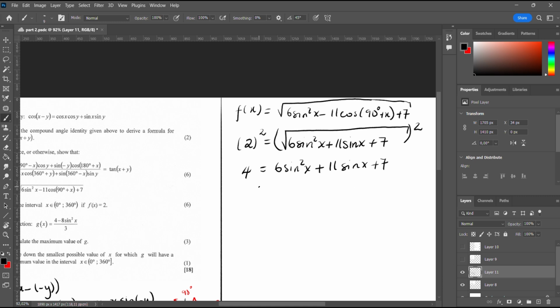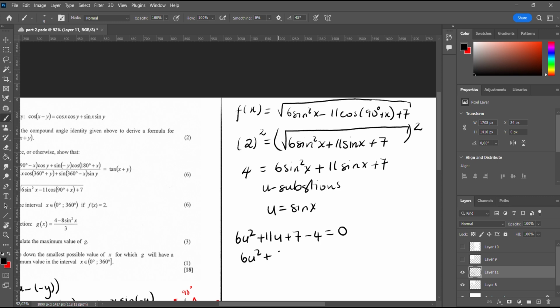So what I'm going to use is a u substitution. U substitutions are usually used in calculus when you solve tough differentials, but yeah, I'm going to use a u substitution and say u equals sine x. So that means it would be 6u squared plus 11u plus 7, and then I'm going to go minus 4, which goes to 0.